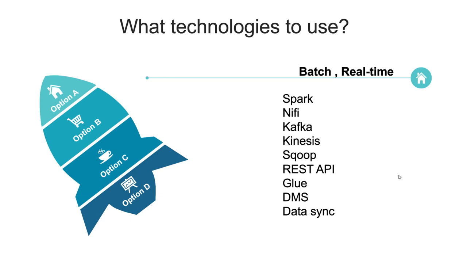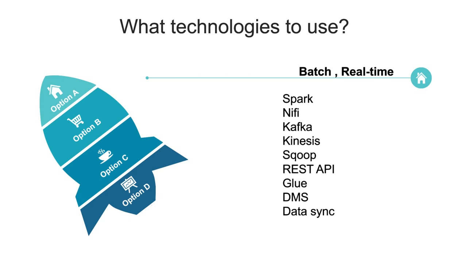Okay, now the last question is, what technology should we use? And this is very frequently asked. Technologies would depend on the type of my use case, whether it is batch or real time. But there are a lot of technologies available, open source as well as AWS managed technologies. Open source like Spark, NiFi, Kafka, Kinesis, Sqoop, all of these can be used.